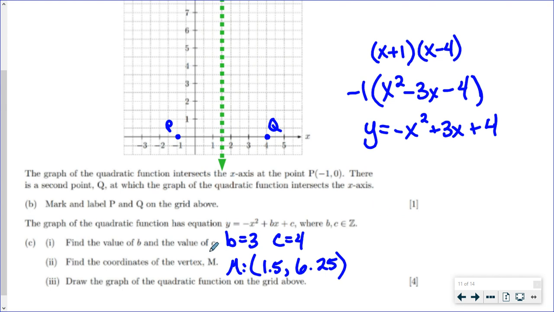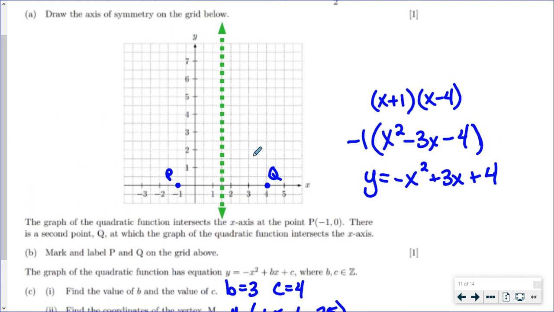All right. Draw the graph of the quadratic function on the grid above. So I'm going to go ahead and put my vertex 1.5, 6.25. So 6.5 is here. So 6.25 is right here. All right. What do I know that my y-intercept has to be? Say it. 4. Yeah, because here's my equation.